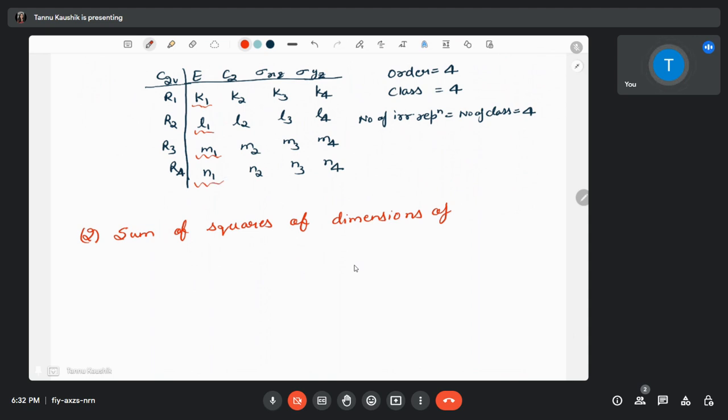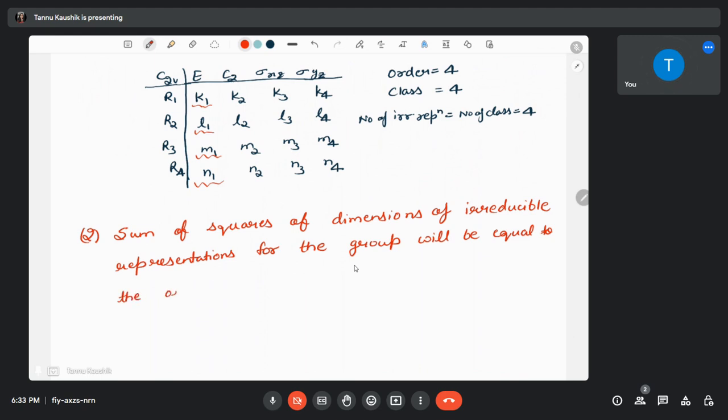The values below the identity element in each of the irreducible representations will be the dimension of that representation. So the sum of squares of dimensions of irreducible representations for the group will be equal to the order of the group.